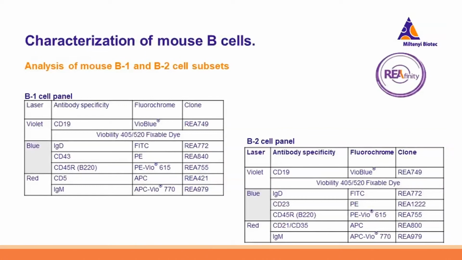The B1 panel consists of CD19 for the B cells again, IgD for the memory and the naive B cells, CD43, CD45 receptor, then CD5 to look into the B1A and B1B cells, and also IgM. And then the B2 panel, in the second tube, has CD19, IgD, CD23, CD45, CD21/35, and also IgM, so slightly different than the B1 panel.